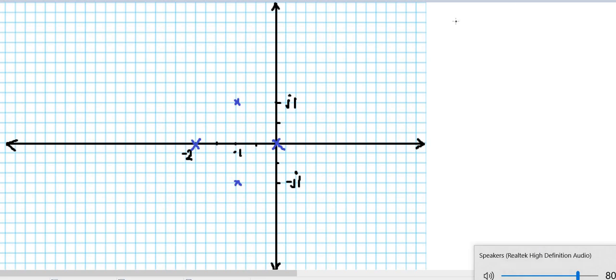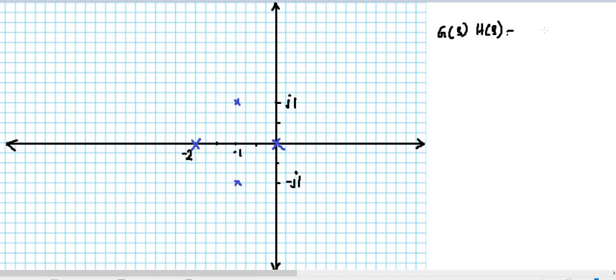So the question is, sketch the root locus of the system having open loop transfer function G(s)H(s) equal to K divided by s into (s plus 2) into (s square plus 2s plus 2). Sketch the root locus of the system having open loop transfer function as follows.